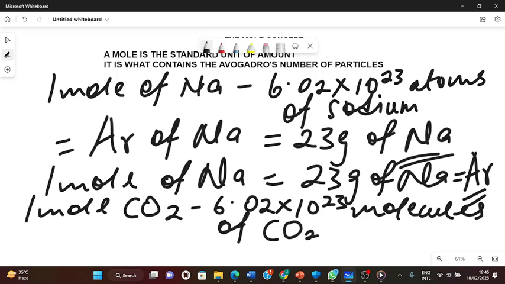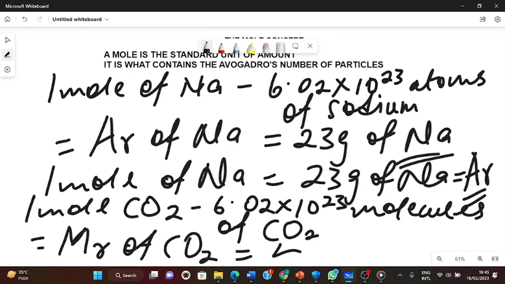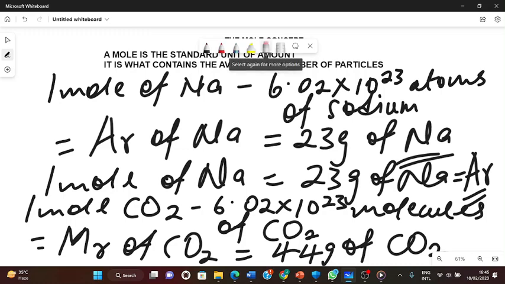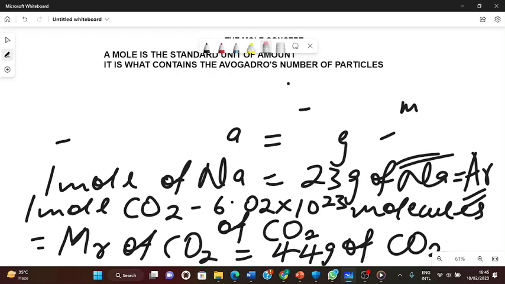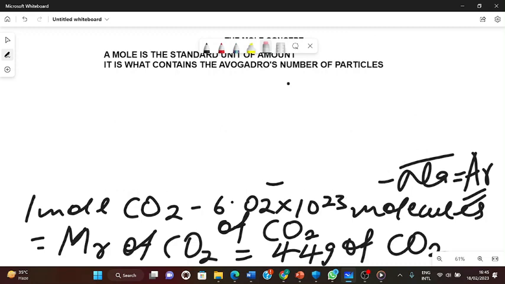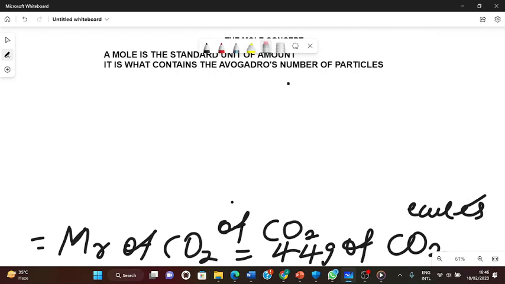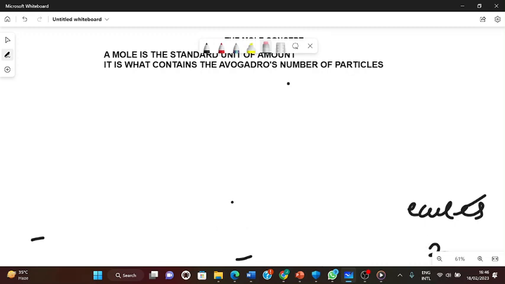That means it's also equal to the relative molecular mass of carbon dioxide, which is equal to 44 grams of carbon dioxide. What that means is that 1 mole of a molecule, 1 mole of a compound, is equal to the relative molecular mass of that particular compound.